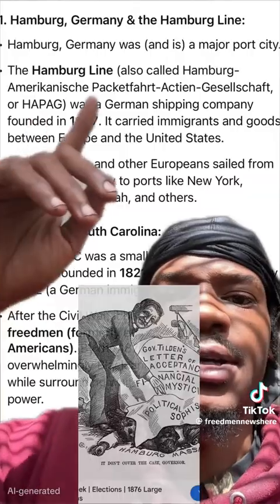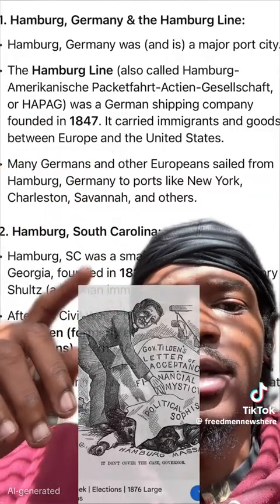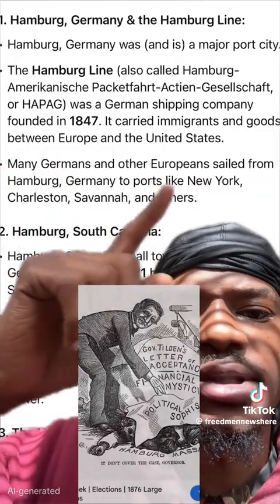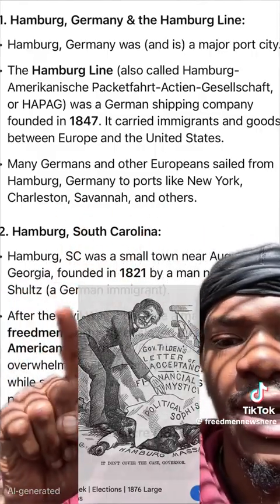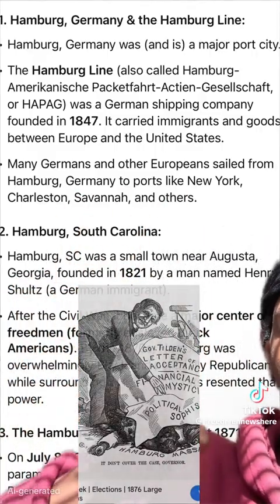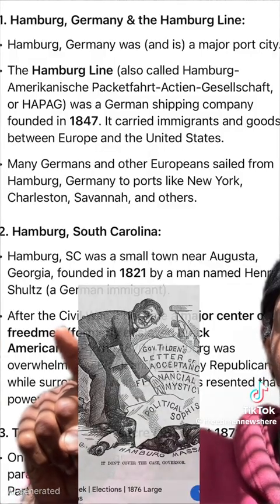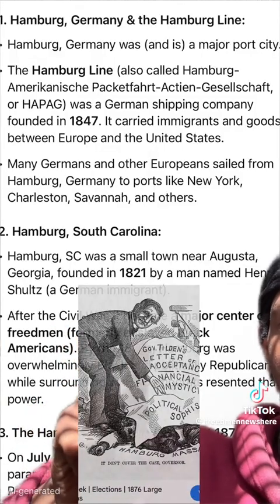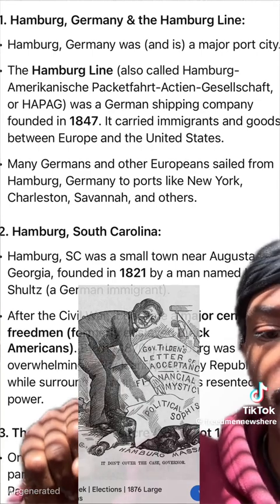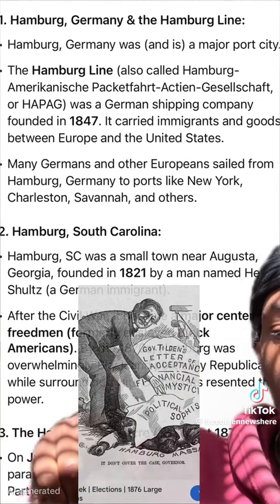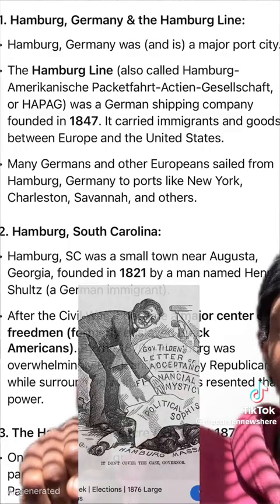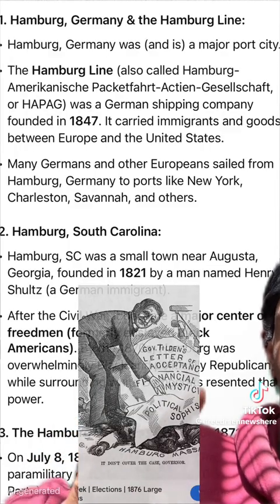Now that Hamburg line in Germany, right? Many Germans and Europeans sailed from Hamburg, Germany to ports like New York, Charleston, Savannah, and others. After that Civil War, it was a major city and center for freedmen, formerly enslaved Black Americans, right? There was a city for them to work and it became overwhelming for the Black Republicans while the surrounding white Democratic Party resented their power.